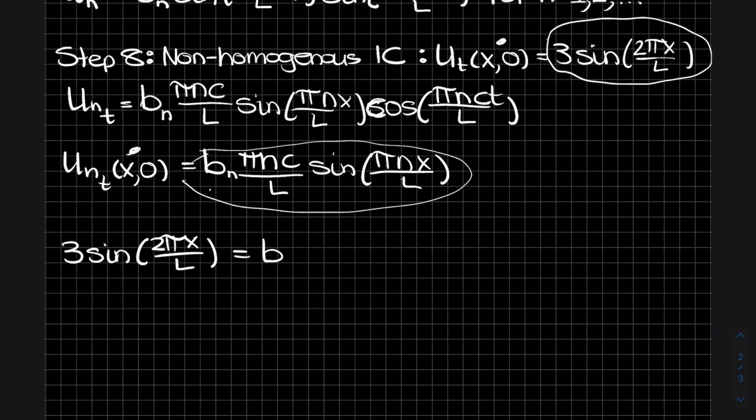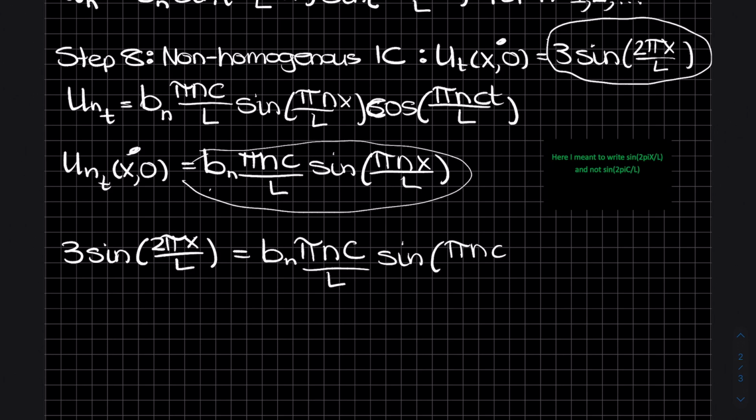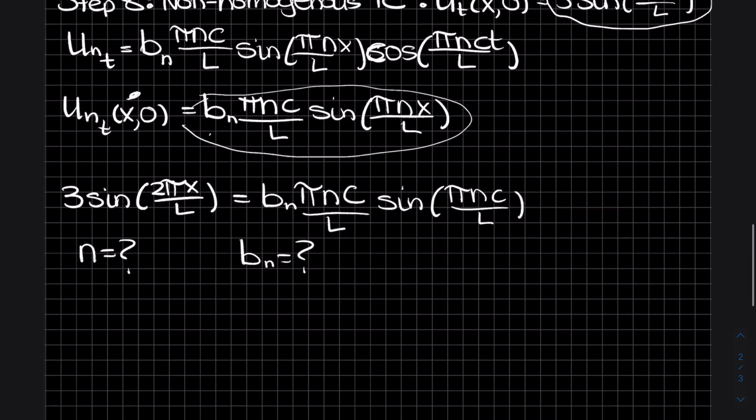So we're interested in n and what the constant is, b of n. So we've got b of n pi n c over L sine pi n x over L. So we want to know n and we want to know b of n. You'll see that it's pretty easy to see what n is.